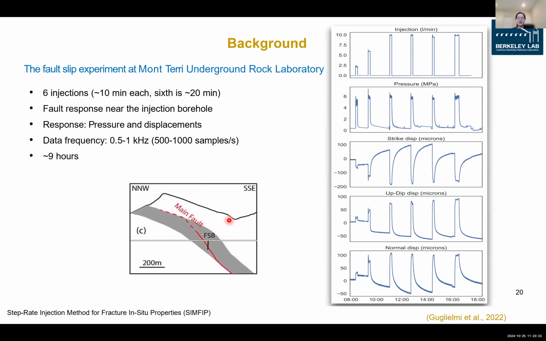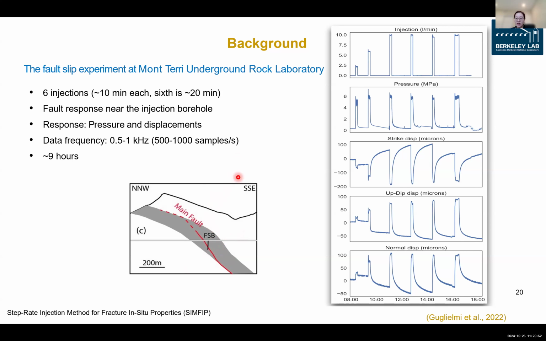And here is the main borehole from which we were fortunate to obtain data, which was obtained by geophysicist Yves Guglielmi. In this borehole, all kinds of tests have been conducted.